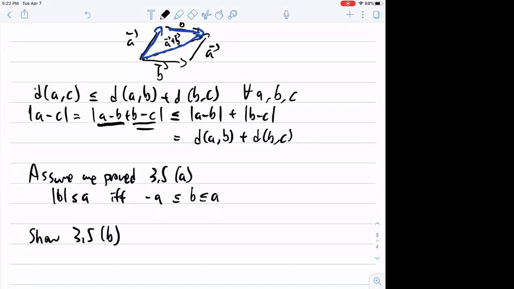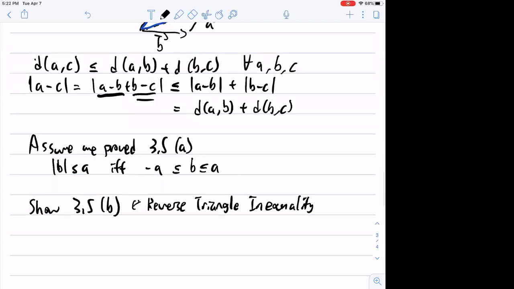3.5B. So 3.5B is pretty important. It's going to be called the reverse triangle inequality. So this is something you should know. Right now, for triangle inequality, you have something like A plus B, right? So the question is, is there some inequality for A minus B?